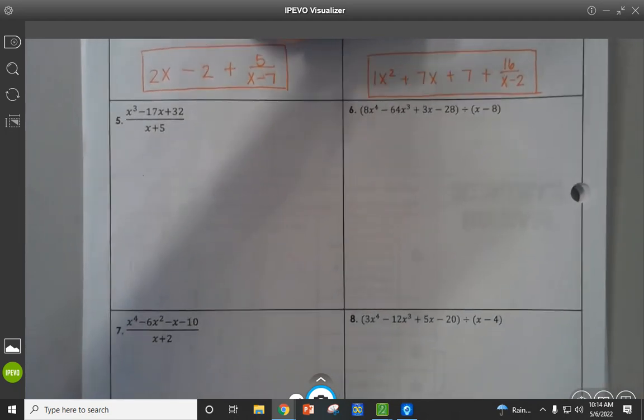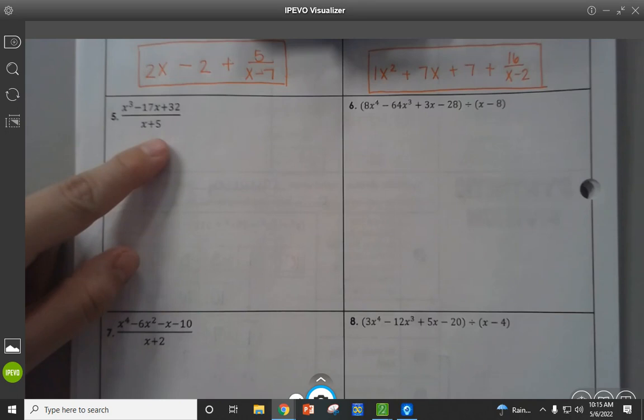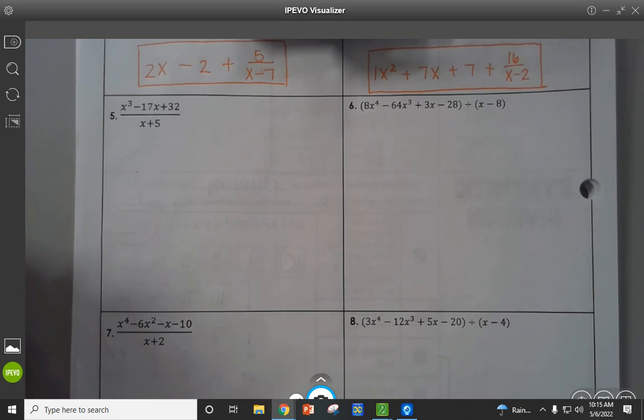Look at number 5. Is there anything that kind of sticks out to you? Yes, there is a plus instead of a minus. That's something different, but not what I'm looking for. This is specifically something about the numerator.